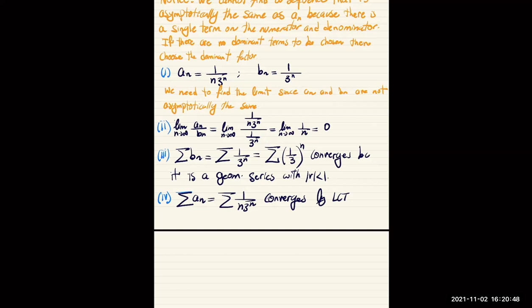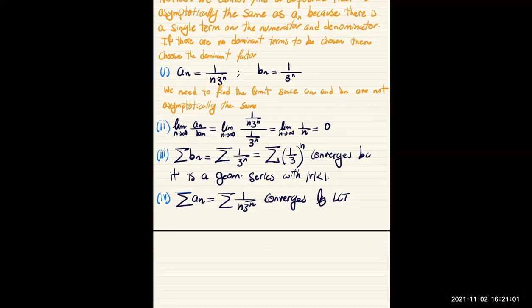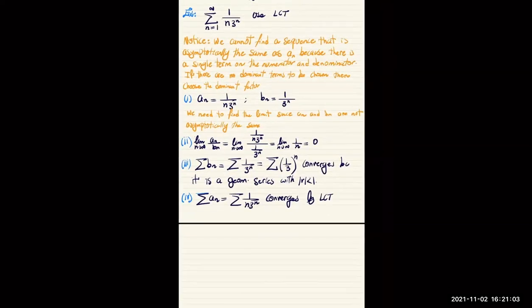But someone came up with a test for when the terms of the series consist of factors. See that for this problem, we had to think a little bit because the sequence has factors.